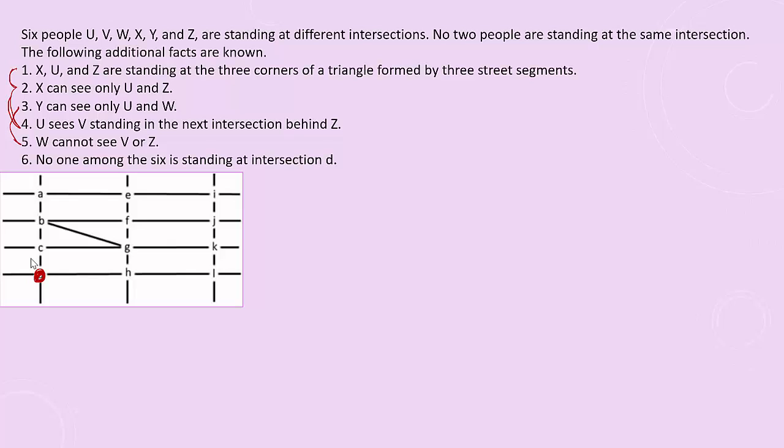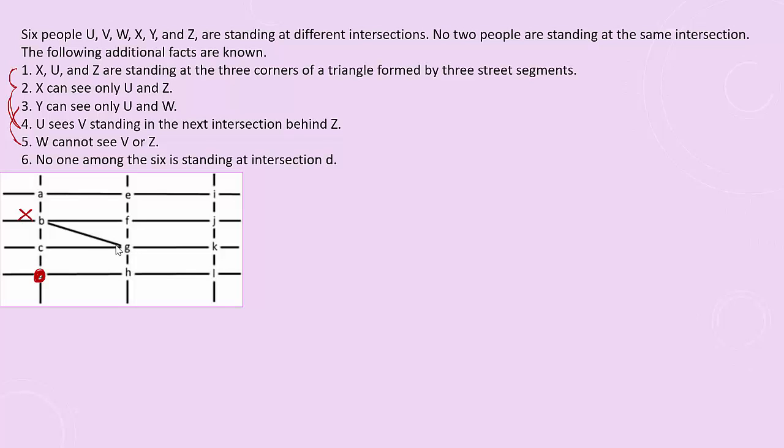So let's take one case because it's given X, U, Z are standing in the 3 corners. So suppose X is at this point, right? Assuming X is at this point at B, right? Now according to this, U, Z are at C and G, or else G and C in any order.